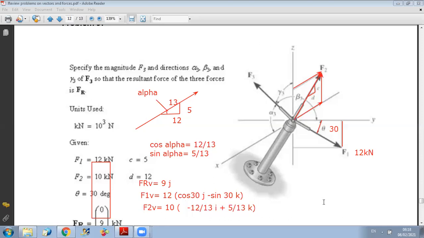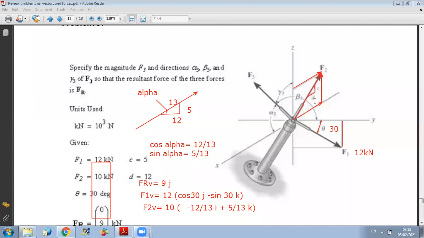Now I still have just the final vector F3. For F3, what do I know? I don't know anything. Because until now I don't have any other unknown, F3 is completely unknown. I don't know the magnitude, I don't know the direction angles.